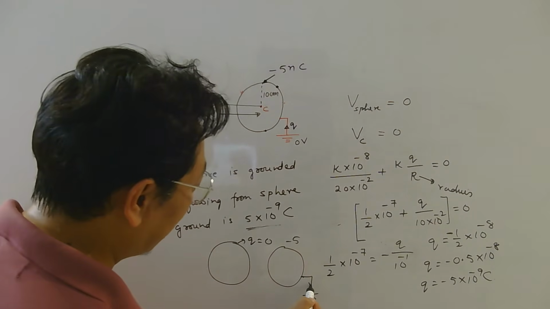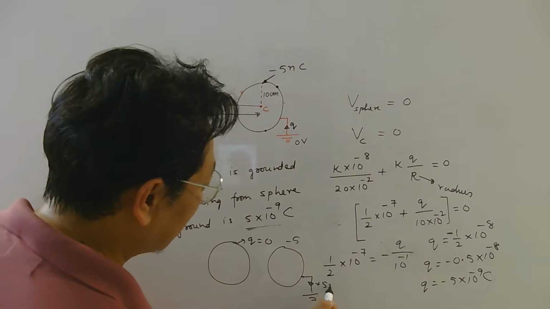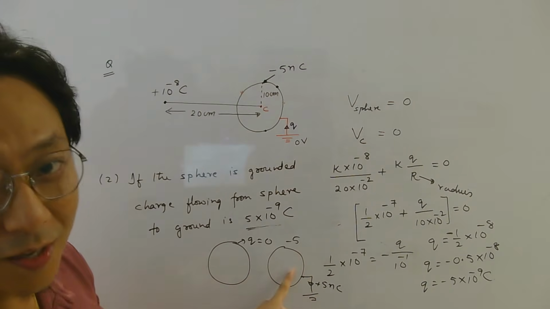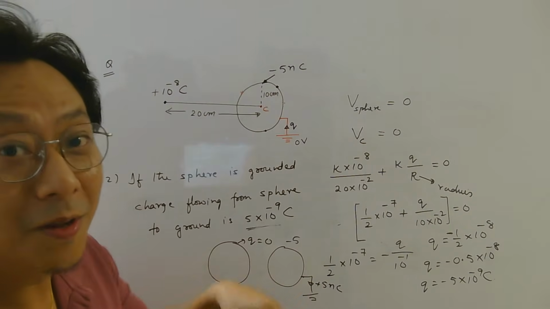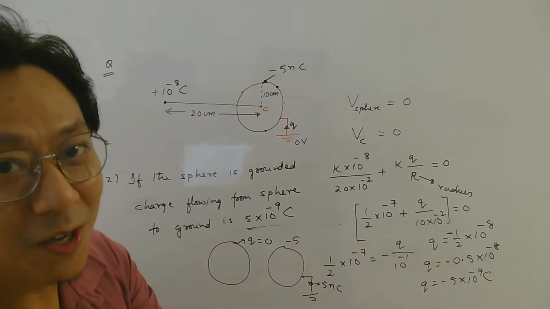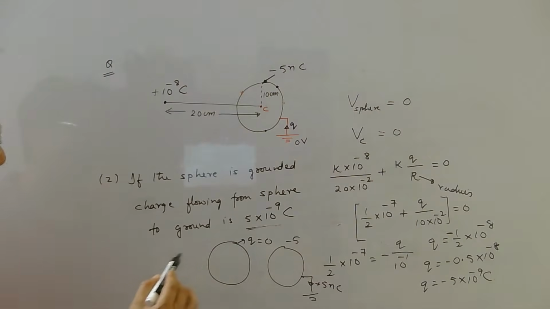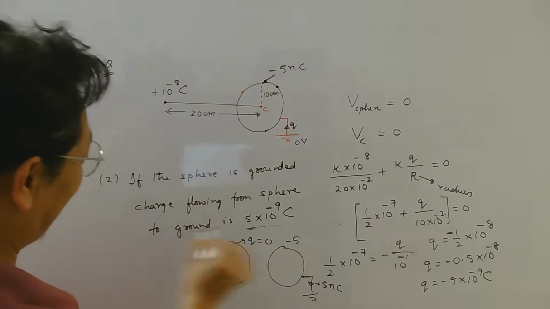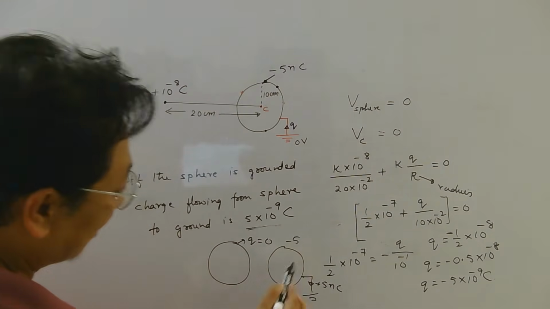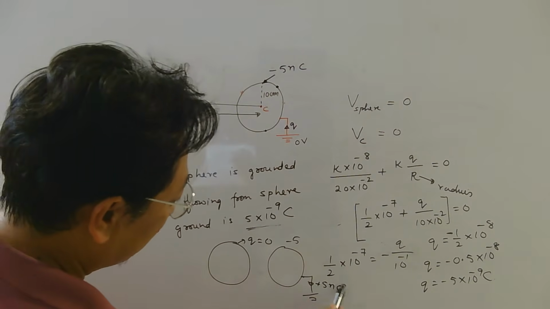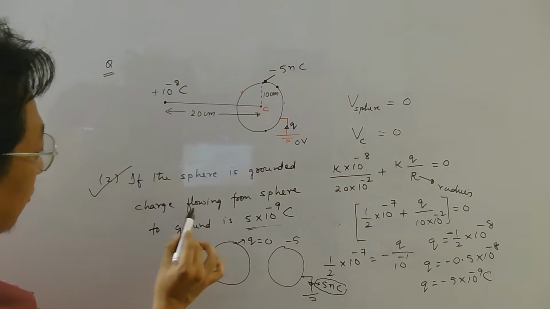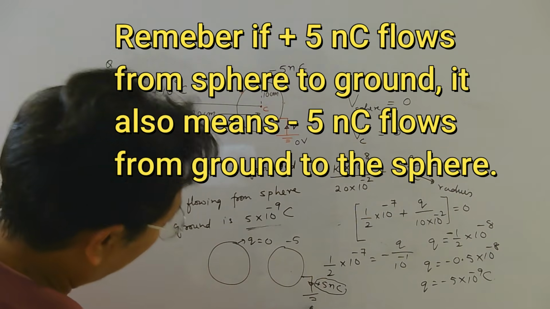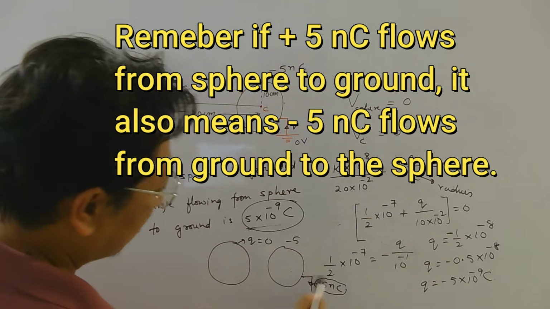So plus 5 nanocoulomb must have gone from the sphere to the ground in order for the neutral sphere to become minus 5 nanocoulomb charge. So therefore the answer given here is correct, because the sphere has to lose this much charge to the ground. So if the sphere is grounded, charge flowing from the sphere to the ground is 5 nanocoulomb, which is correct, right?